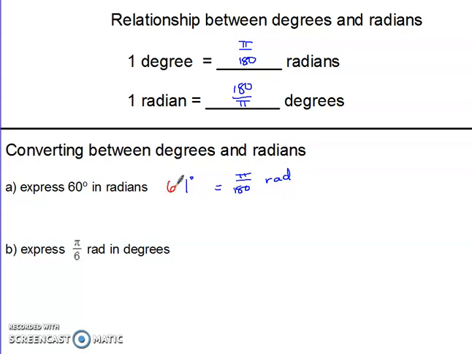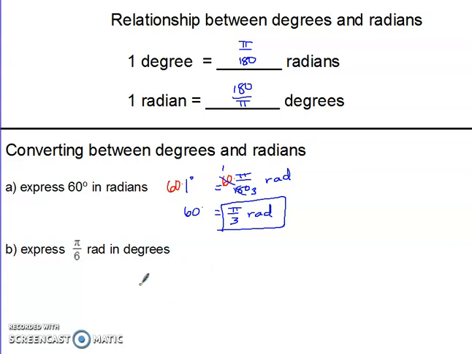So all I'm going to do is multiply the left and the right hand side of this equation by 60. 60 times 1 gives me 60 degrees. And then on the right hand side, I can reduce this fraction. My degree units reduce completely, giving me pi over 3 radians. So 60 degrees is equivalent to pi over 3 radians.